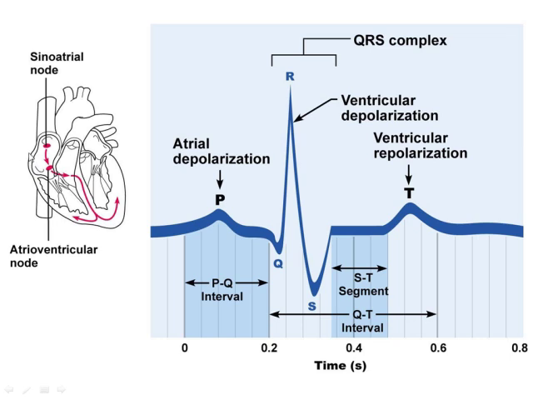Now, what is happening is when the sinoatrial node tells the atria to contract, there is a little bit of a disturbance in the electrical conductivity of the heart, and we get our P wave. So this represents the atria depolarizing or contracting.